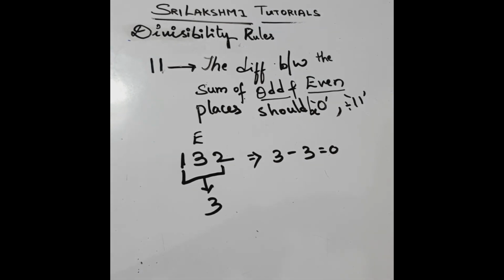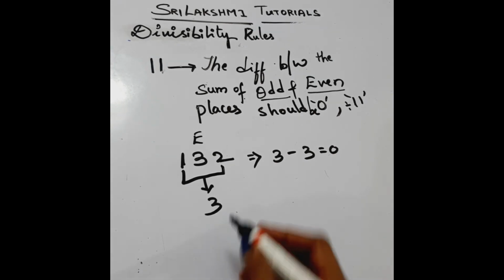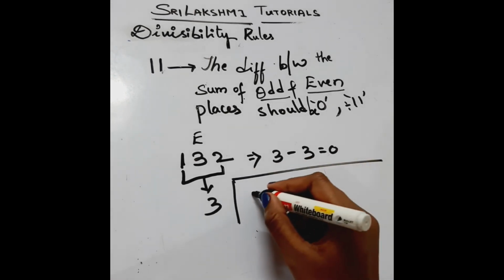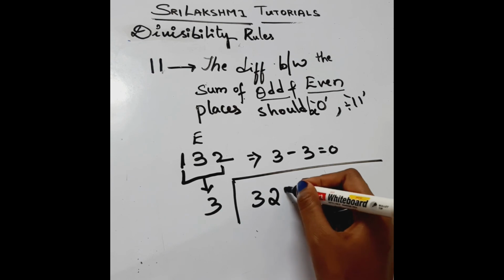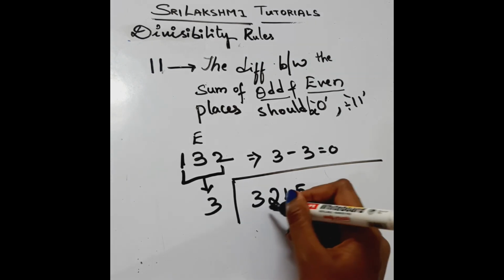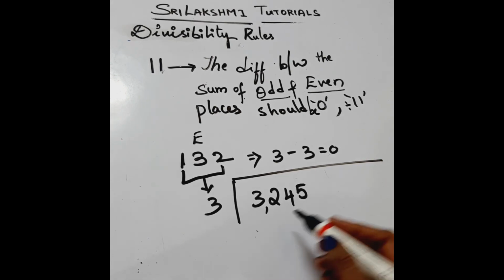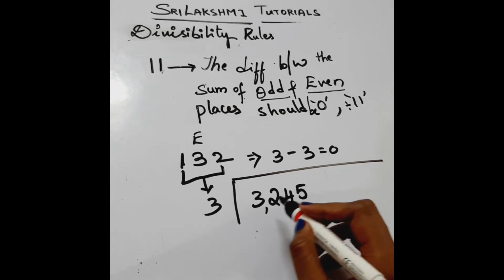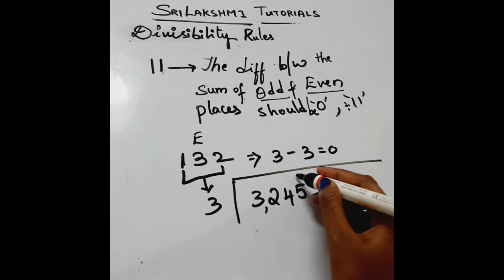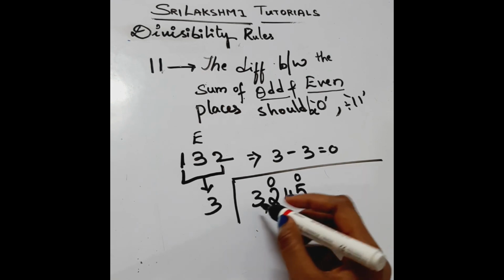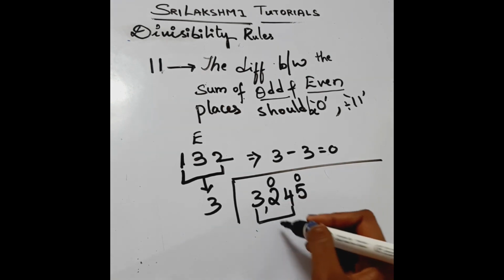Now in the same way, let us check another number, 3245. First check what the odd and even places are. 5 is an odd place and 2 is also odd, and these two, 4 and 3, are even places.